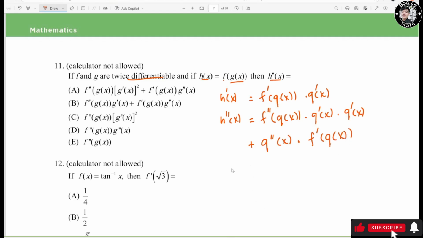So we're going to simplify it, so h double prime of s equals f double prime of g of s times g prime of s all together squared, plus g double prime of s times f prime of g of s. So the answer must be A.